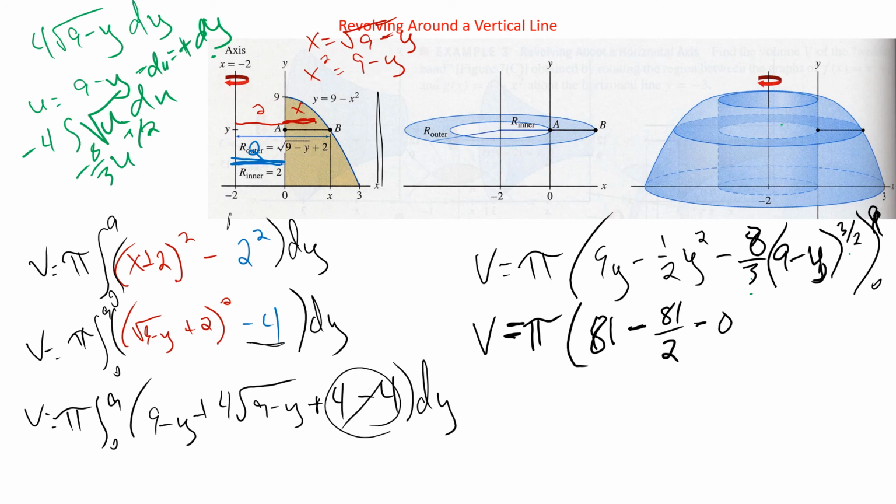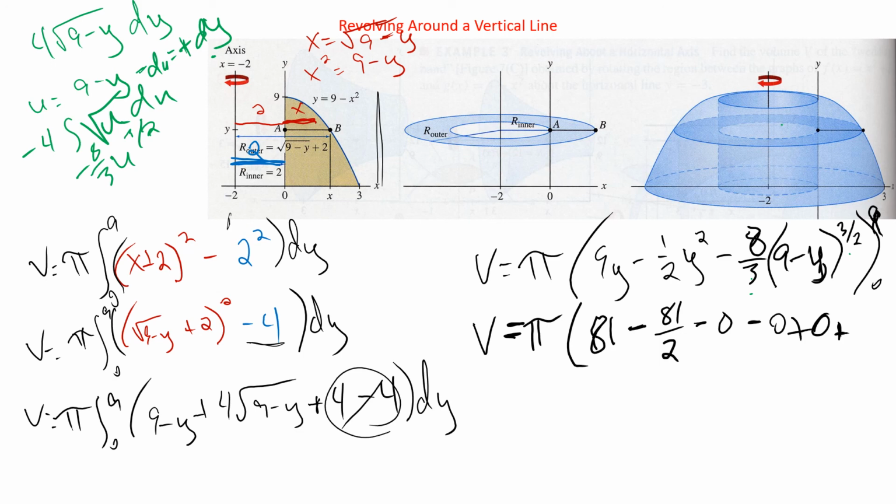So now plug in 0, so minus, plug in 0 to 9y, that's 0, plus plug in 0 to the 1/2 y squared is 0. And then plus, because it's minus the whole thing, so that negative distributes, we'll end up with plus, plug in 0. We have 9 to the 3/2 is 27. How did I do that?